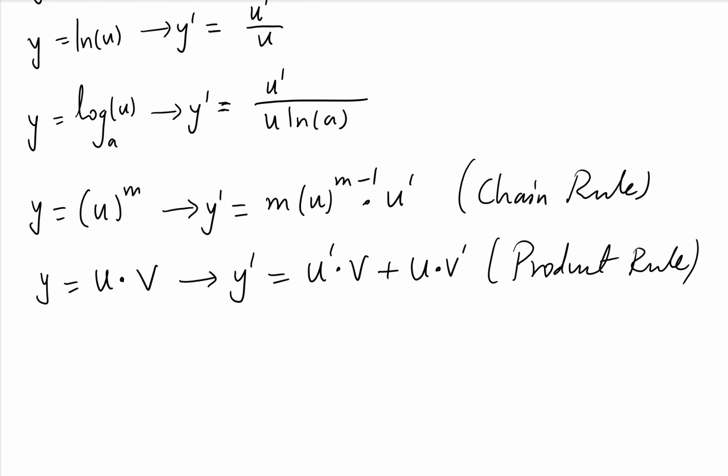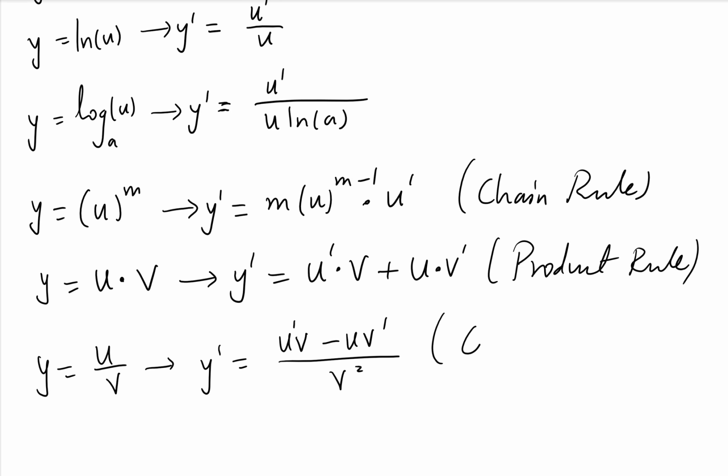Next, we have the quotient rule, u over v. Y prime is u prime v minus u v prime over v squared. Quotient rule.